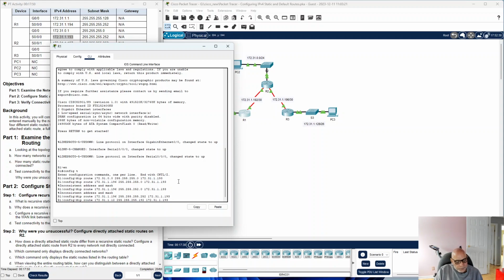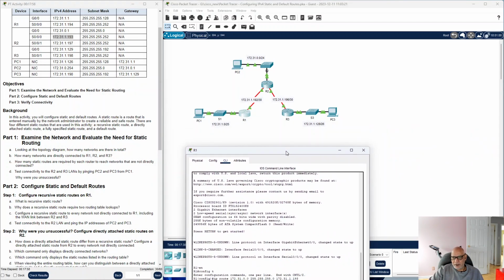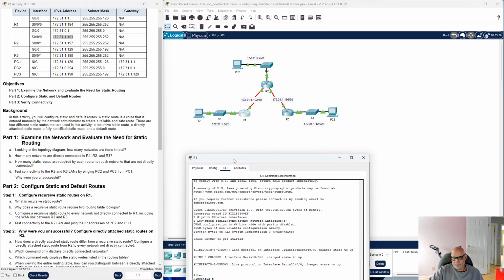Enter. That's it. We're done with R1. Now PC1 should be able to ping or access PC2 and PC3.